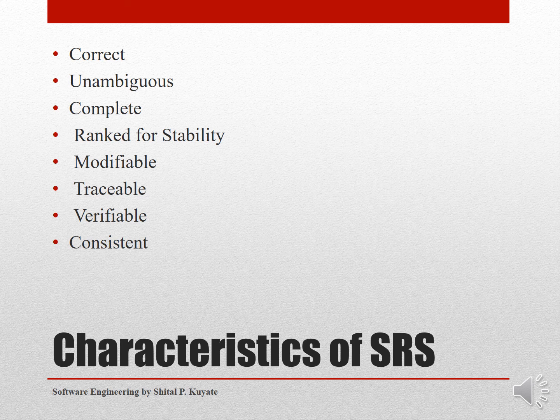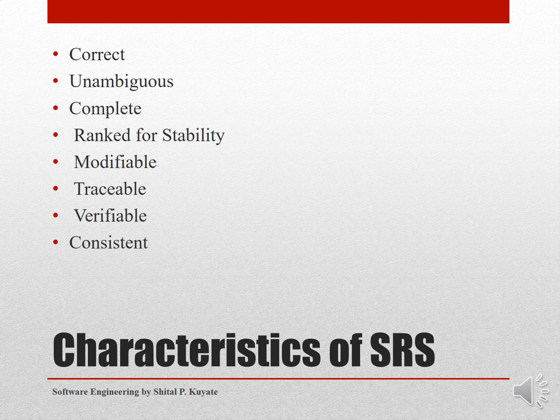Then the last one, that is the consistent. SRS document is consistent when the subset of individual requirements defined do not conflict with other documents or other requirement subsets. For example, there can be a case when different requirements use different terms to refer to the same object.